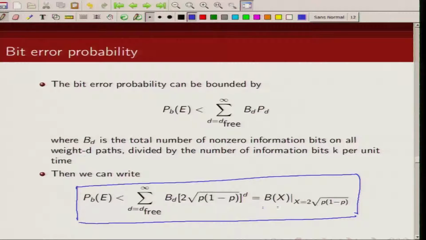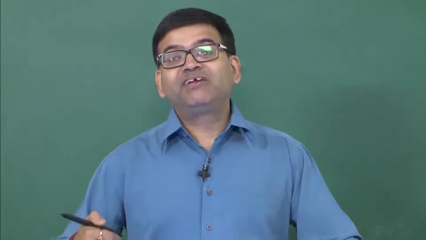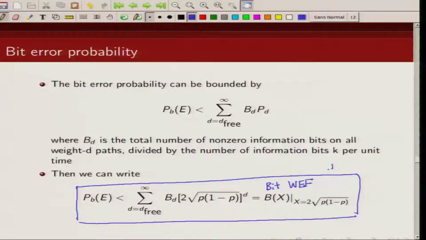This is the bit weight enumerating function, and in a minute we will talk about how to generate bit weight enumerating function from input output weight enumerating function or from weight enumerating function. We will talk about this. So, this can be computed from bit weight enumerating function by substituting x equal to this quantity.